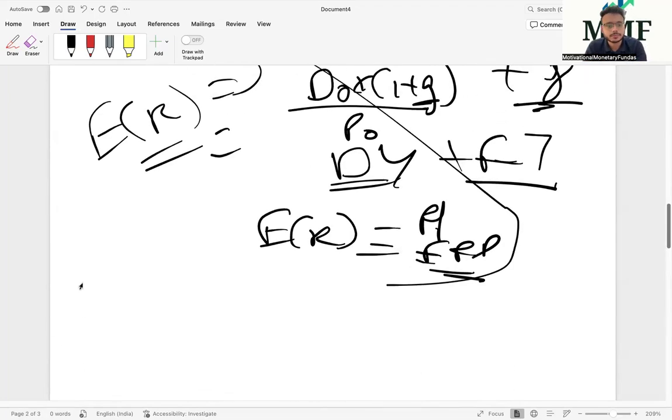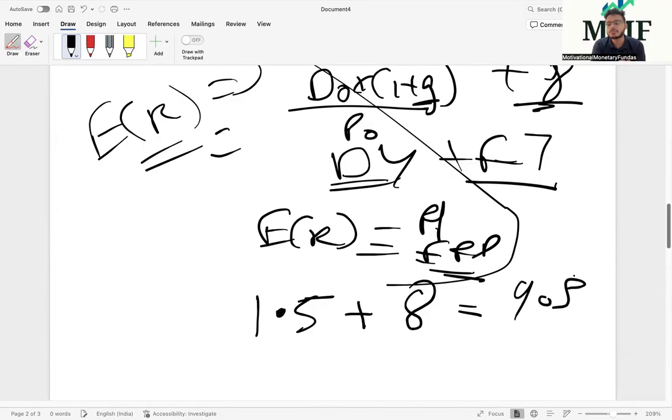Just assume that the company's current dividend yield is 1.5%. Expectation of the company's earning growth, that is PAT growth, is 8%. Then my expected return on that company's stock comes out to be 9.5%. 9.5% is my expected return on the company's stock.